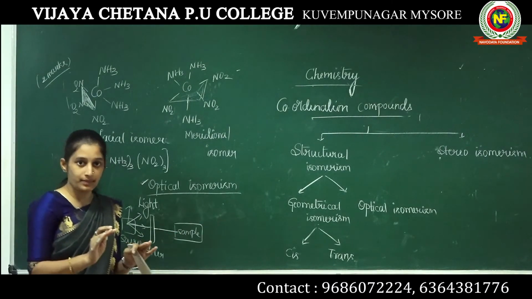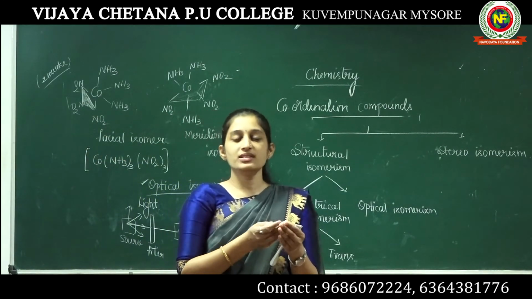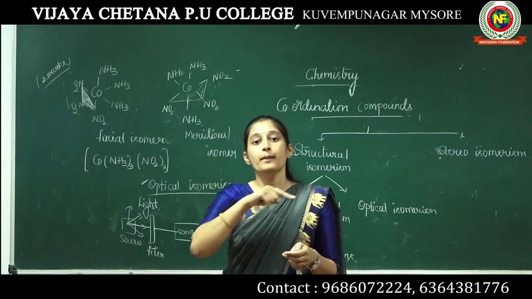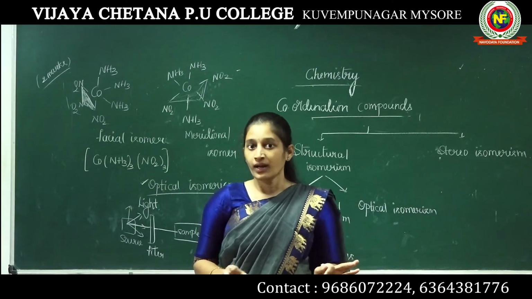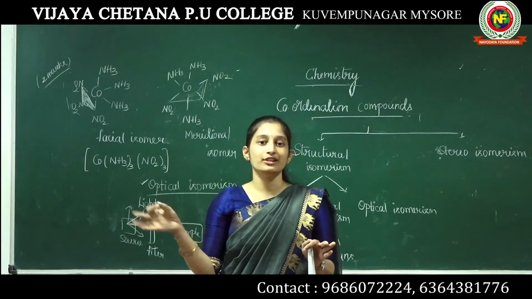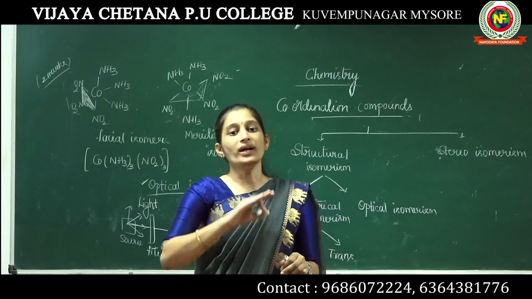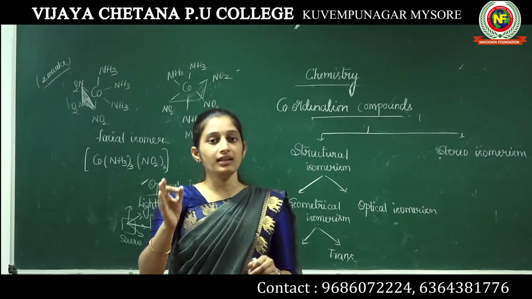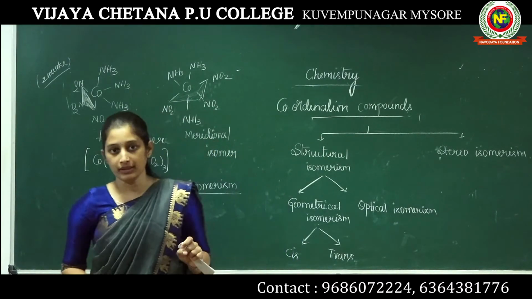Once again I am going to explain. Now I am going to take one light source. Light always travels in multiple directions, in a straight line no doubt, but multiple directions. I don't want all those things, so I am going to cut all the unwanted wavelengths. So I am using a filter. Once the light passes through the filter, it becomes monochromatic, a single wavelength.